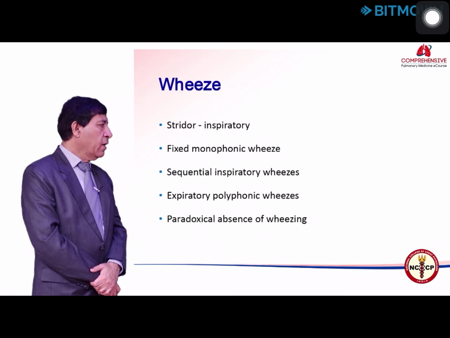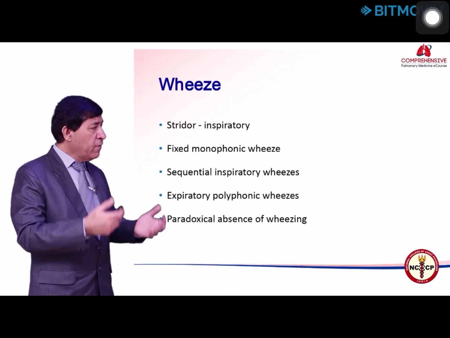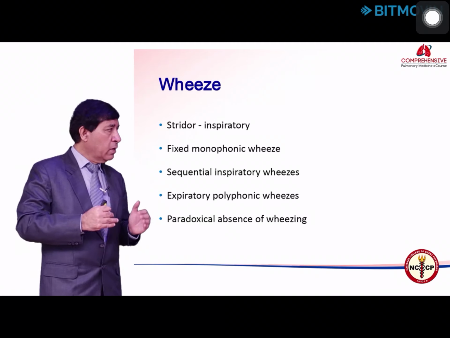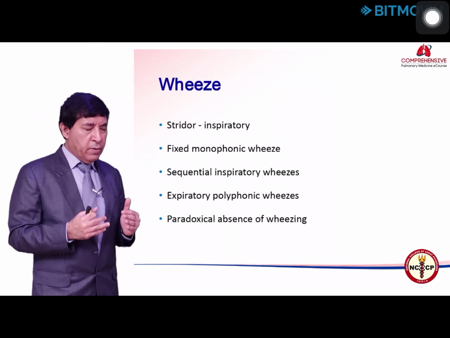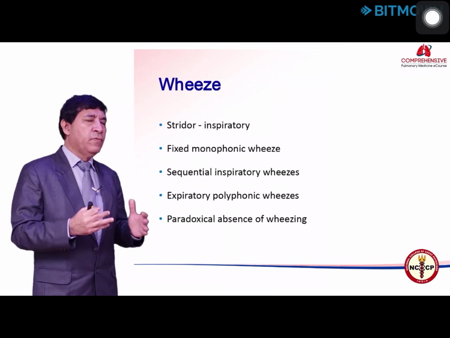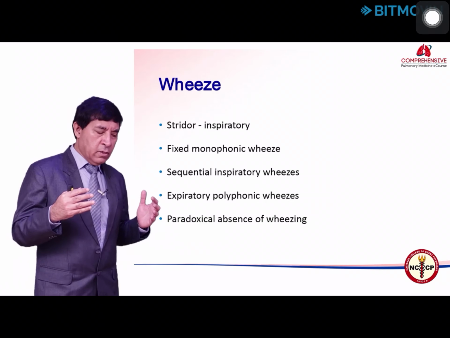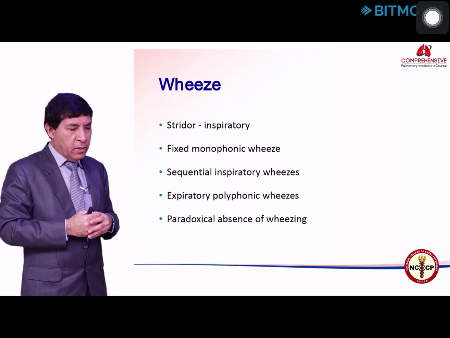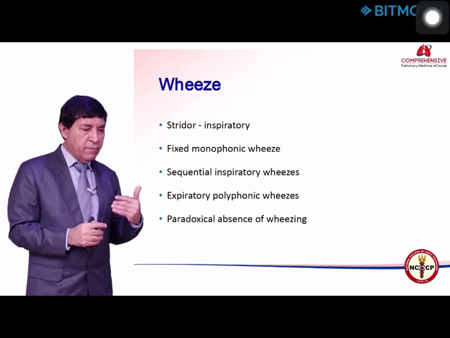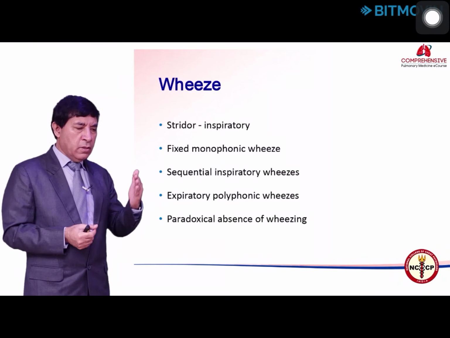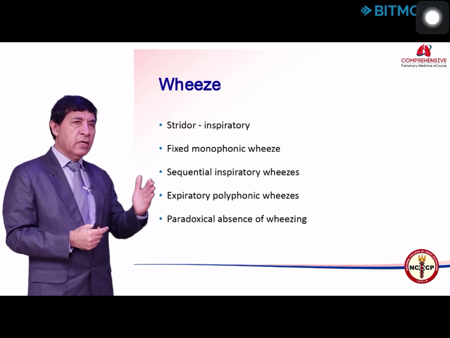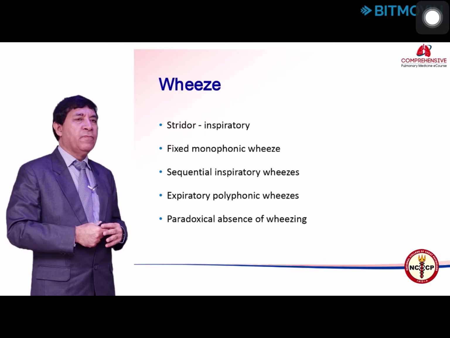The expiratory polyphonic wheeze in diffuse airflow obstruction is heard due to dynamic compression of the airways during expiration. But as the degree of airflow obstruction increases, this equal pressure point, that's the point at which the dynamic compression occurs, starts shifting towards the periphery of the lung.